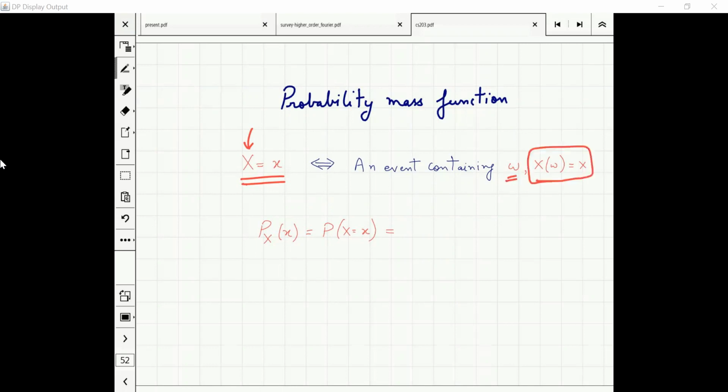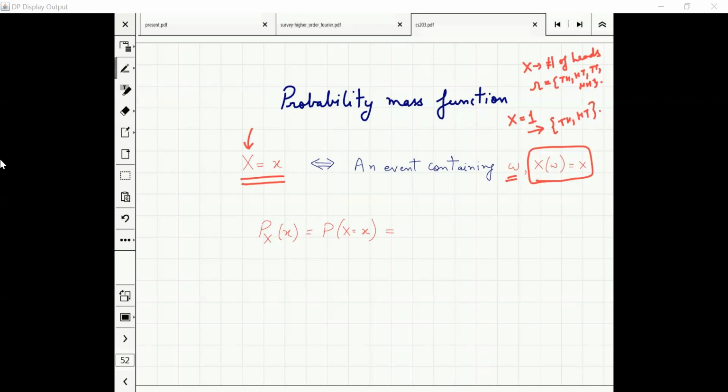For example, you remember when X counts the number of heads, and omega was TH, HT, TT, and HH. What is the event X is equal to 1? What elements will be there? Head tail and tail head. HT and TH.